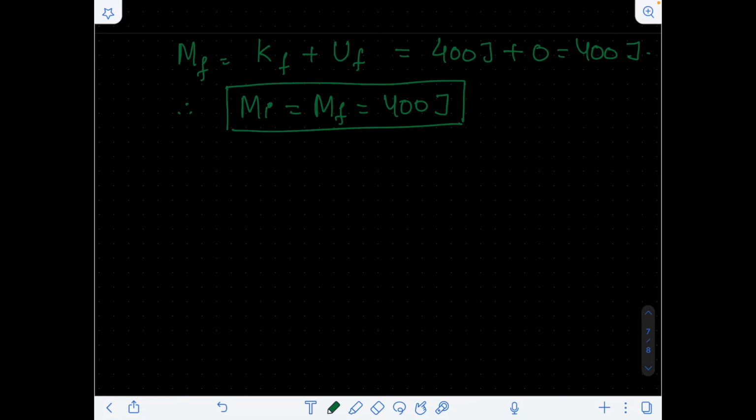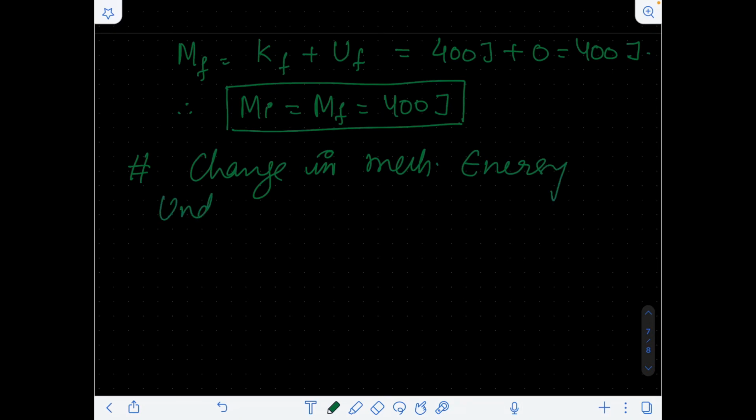So there is no change in the mechanical energy of the system. The change in mechanical energy under conservative forces is always zero. Very, very important. The change in mechanical energy under conservative forces is always zero.